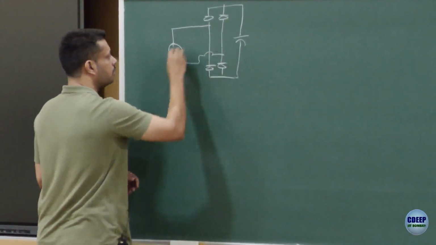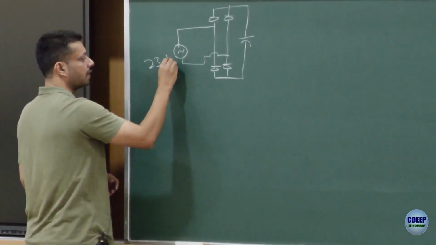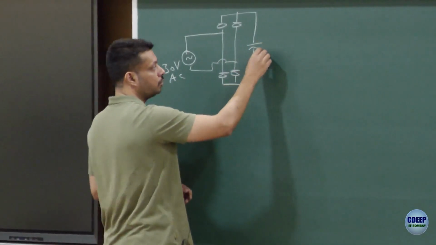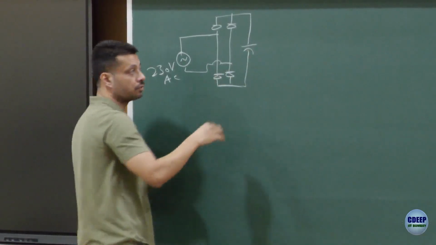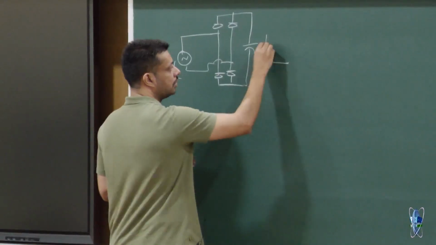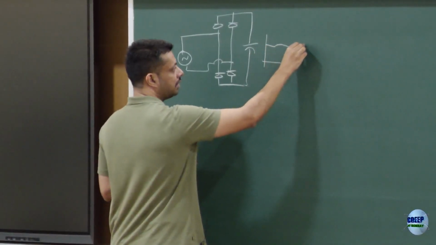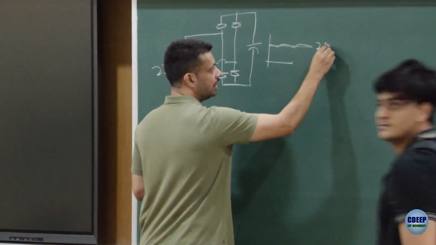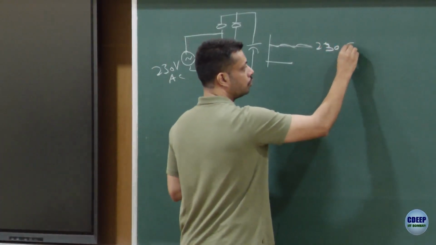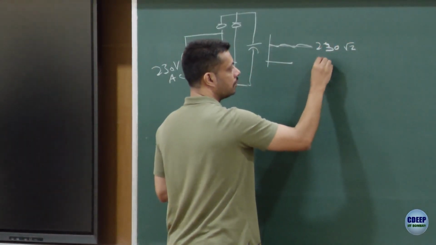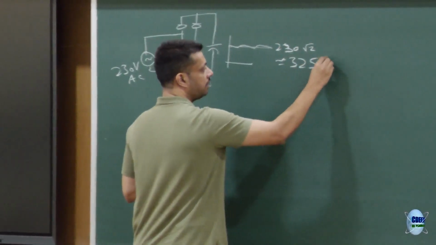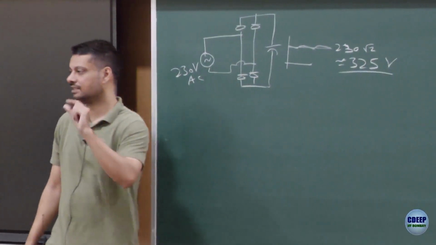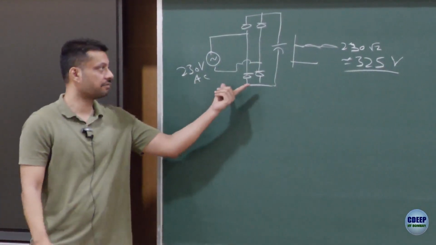If you have 230 volt AC here, this kind of circuit, if you use a very large capacitor, would give you a voltage with a small ripple, whose more or less average voltage will be 230 into root 2, which is about 325 volts.